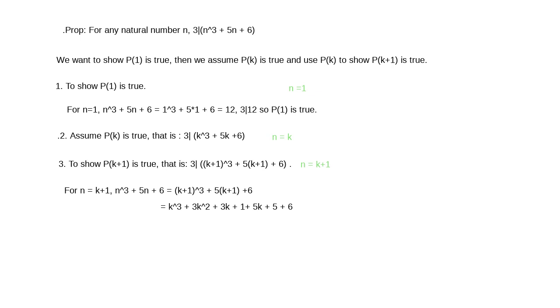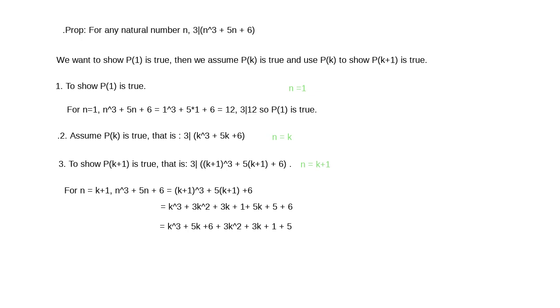Then plus 6. Now let's divide it into two parts because we want to use P of k, which is k cubed plus 5k plus 6. Then let's write the rest: 3k squared, 3k, and 1 plus 5. I basically just rewrite it.